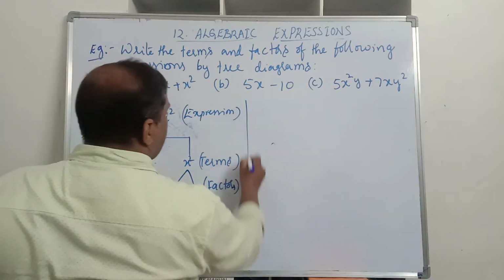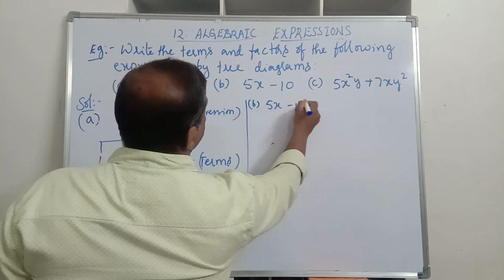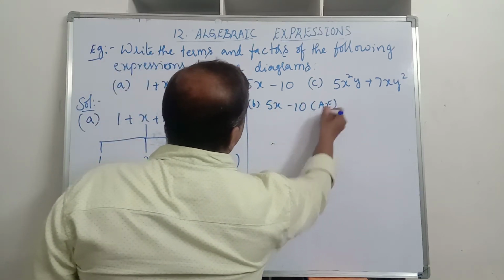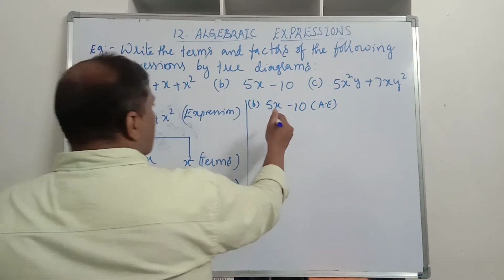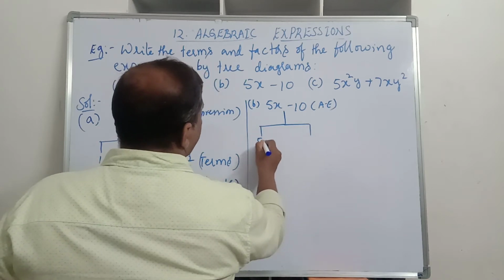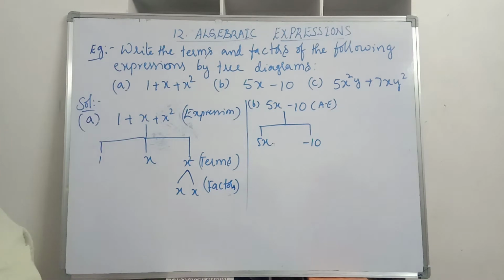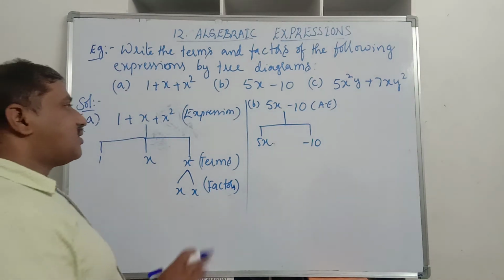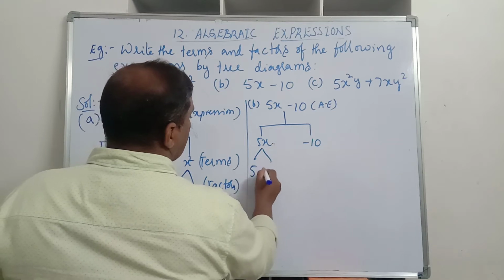Now the b bit, here we have 5x minus 10. 5x minus 10 is an algebraic expression. What are the terms here? We have only two terms. 5x is one term and minus 10 is one term. 5x can be written as 5 into x.